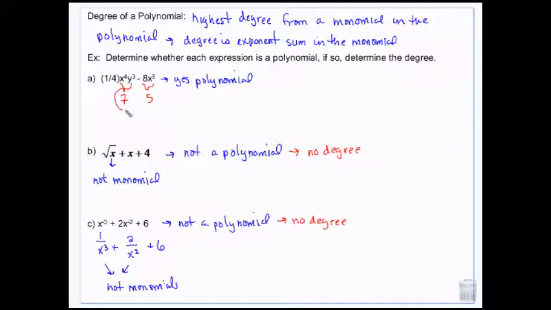So the highest degree is 7, so the degree of the polynomial is 7. So you just add the exponents, and whichever sum is the highest, that's the degree of the whole thing.